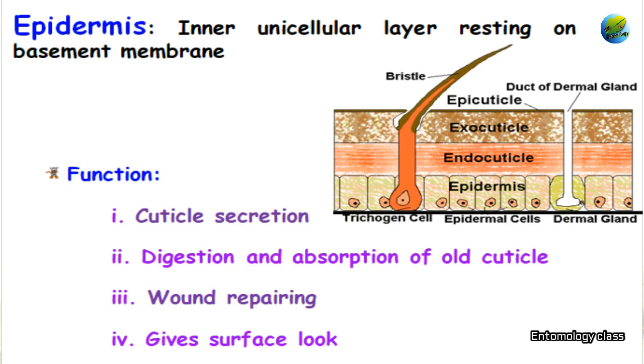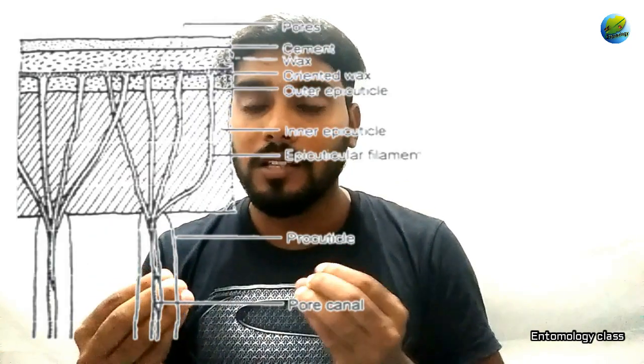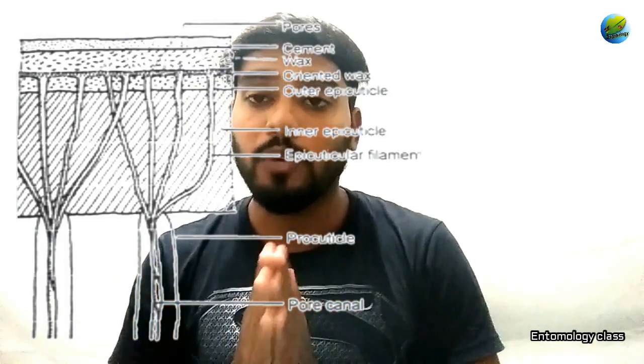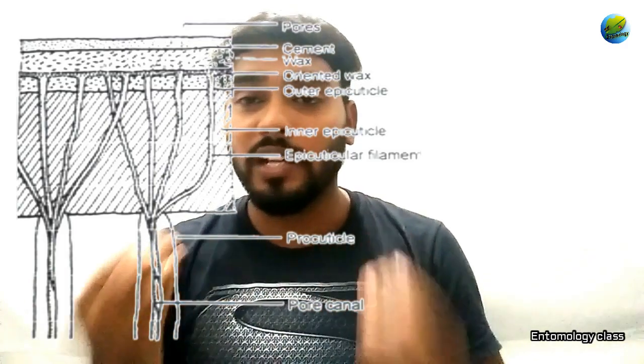And when the insect is injured, or any damage happens to the external system or any external parts, the epidermis cells come to the rescue and repair the damaged part. There are also the pore canals which move through the procuticle up to the epicuticle. The important components of the epicuticle are secreted in the epidermis and shifted to the epicuticle.